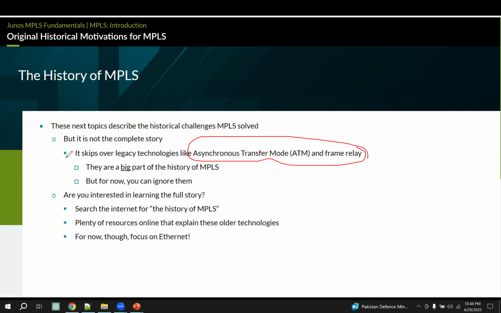But when MPLS just came, there was a problem in ATM and Frame Relay, and MPLS had a solution for this. So that's why MPLS came to the front. They are a big part of the story of MPLS, but for now you can ignore them.